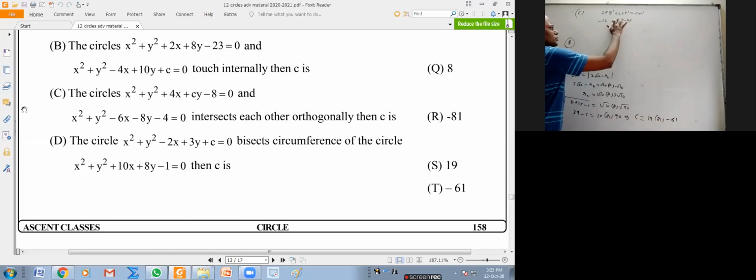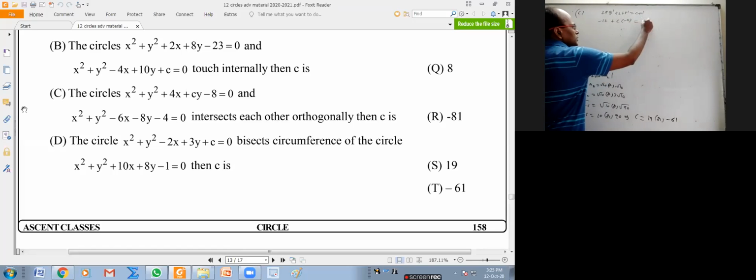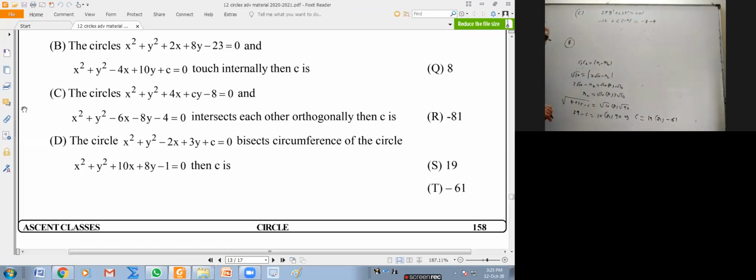So c into minus 4. c plus c dash is minus 8 minus 4. So 4c is equal to 0, c is 0. Okay, we are getting the constant as 0.